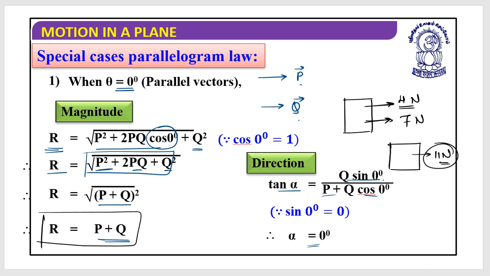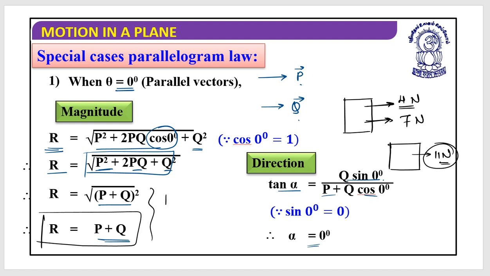Is it clear? So r is equal to p plus q when two forces or two vectors are parallel to each other.